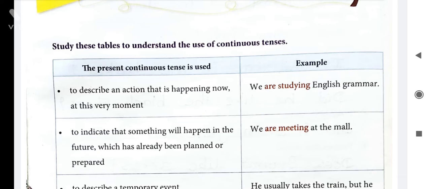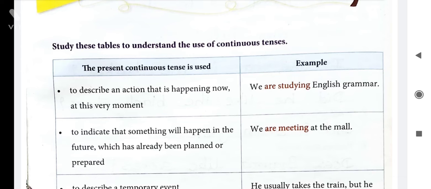So let me tell you the definition of present continuous tense. The present continuous tense can be used to show an action which is happening at the time of speaking. Right now I am talking and teaching.